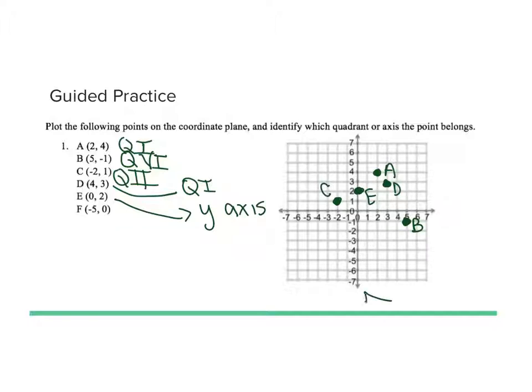So this is your y-axis, and that's your x-axis. So negative 5, 0. We're going to go to the left 5. 1, 2, 3, 4, 5. And we're not moving up or down. This is point F, and this is on the x-axis.